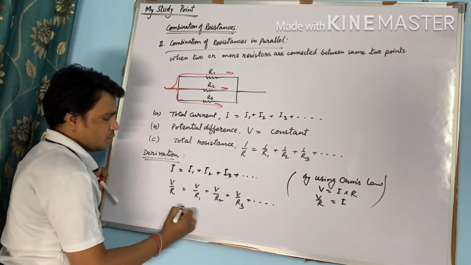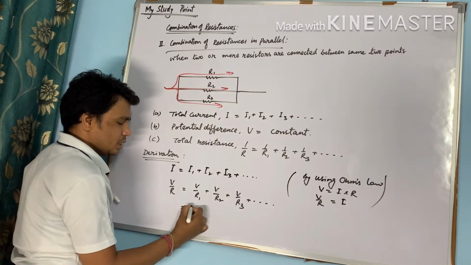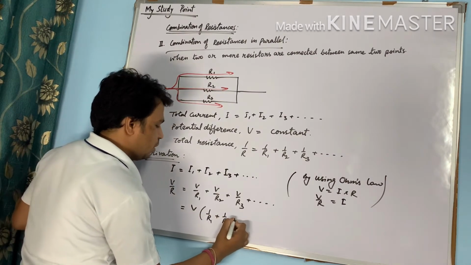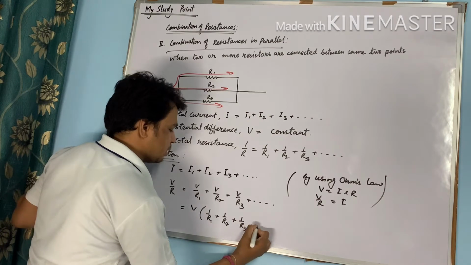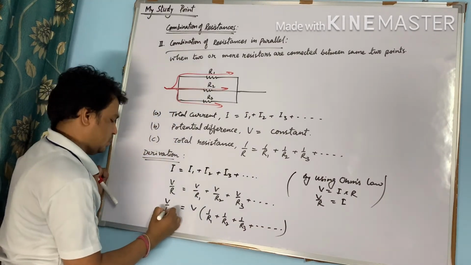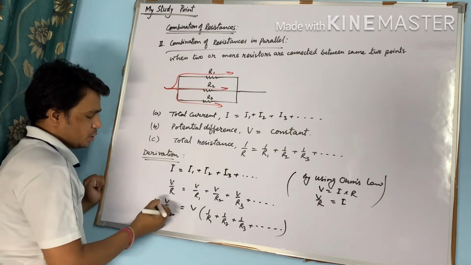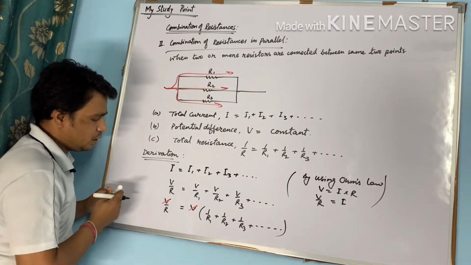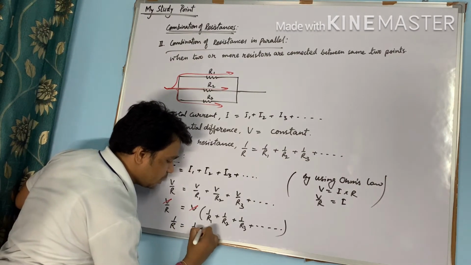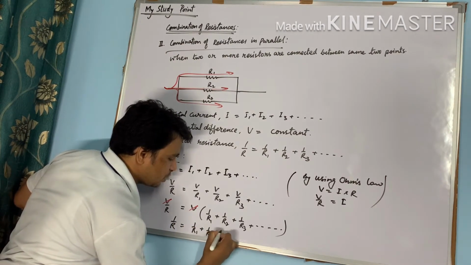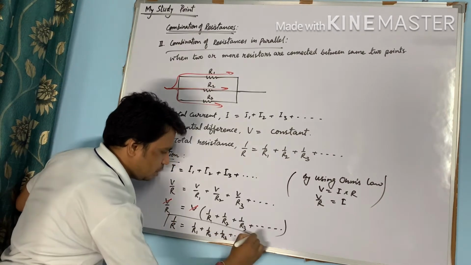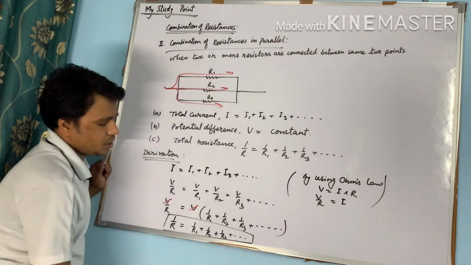Since V is constant, we can take V common from the right hand side. What remains is 1 by R1 plus 1 by R2 plus 1 by R3 and so on. V is common on both sides, so it can be cancelled out. So we get the formula: 1 by R is equal to 1 by R1 plus 1 by R2 plus 1 by R3 and so on. This is the formula for combination of resistances in parallel.